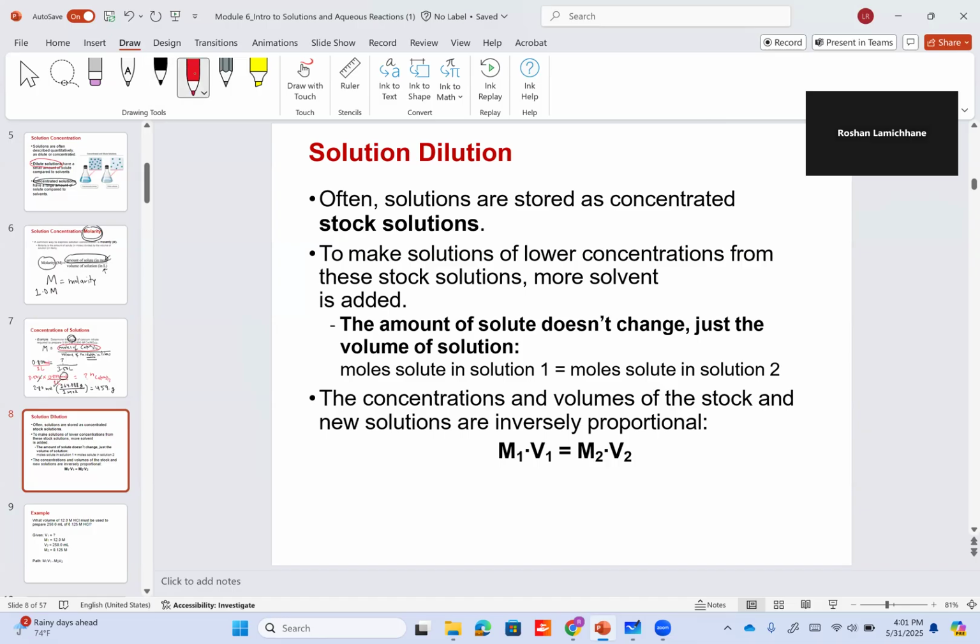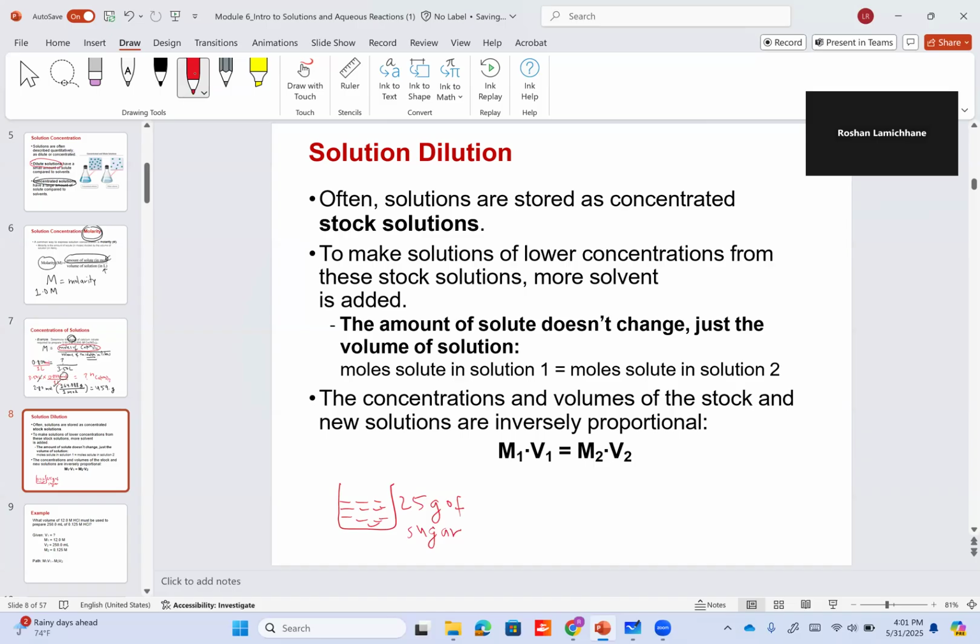So let's assume that I poured a can of Coke into this beaker. Let's assume that can of Coke has 25 grams of sugar. Usually a can of Coke is, I don't know, 250 ml or something like that.